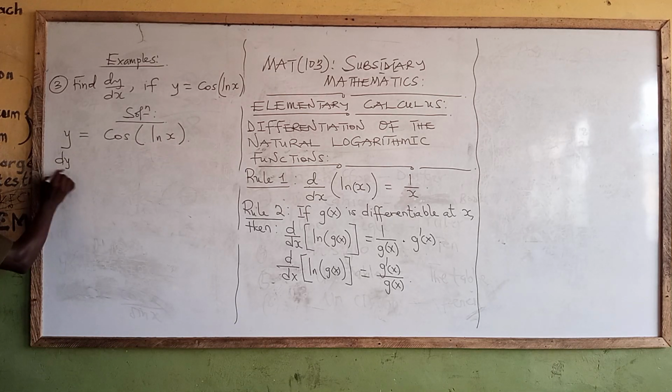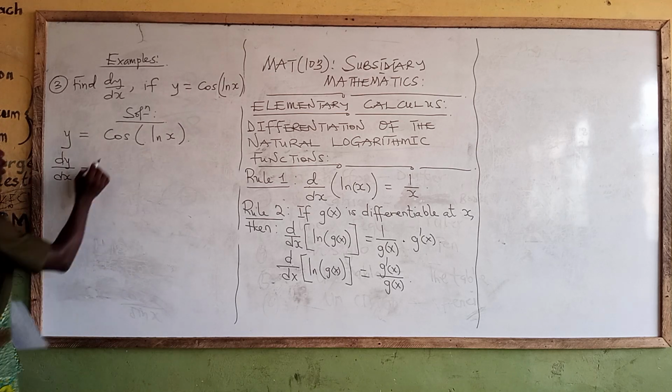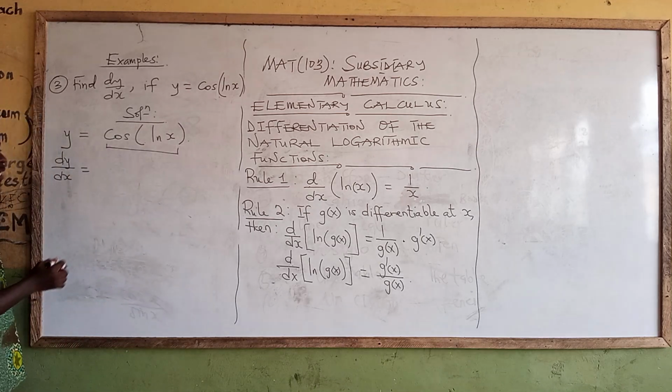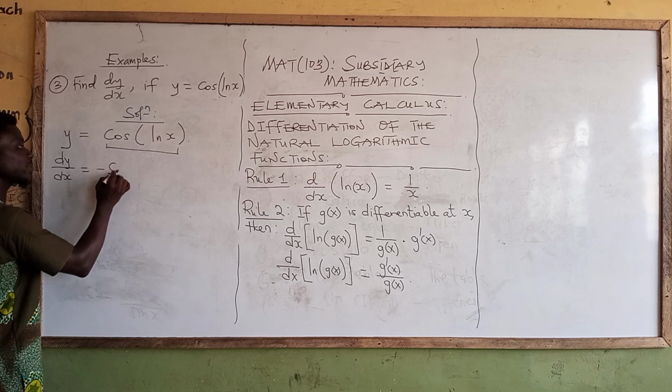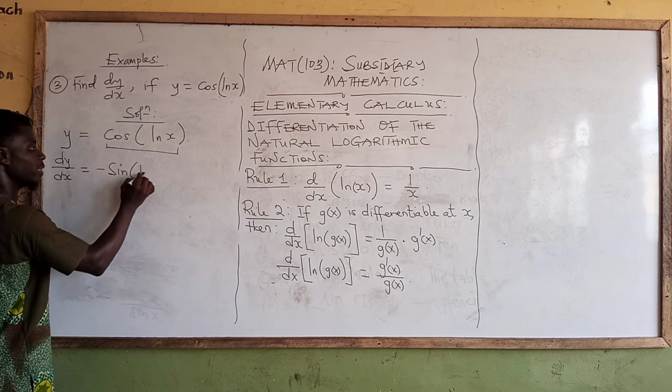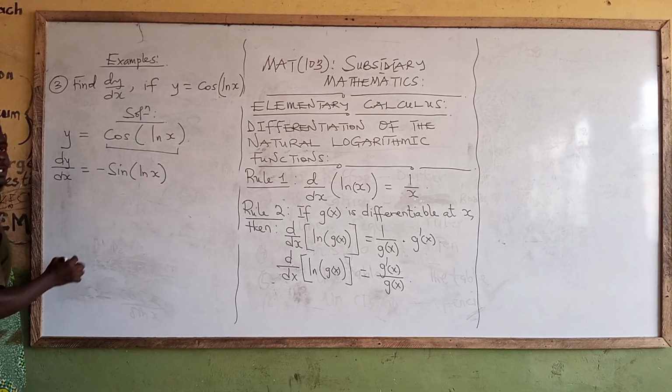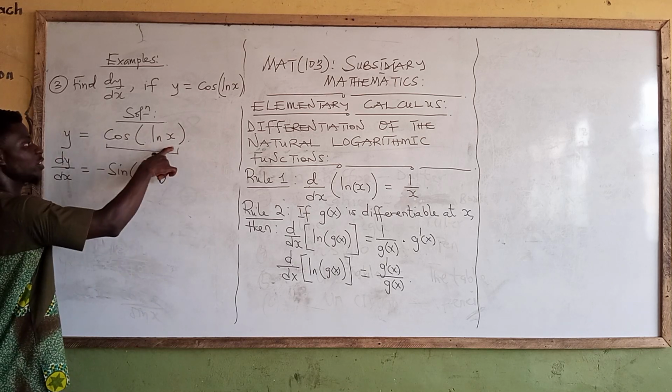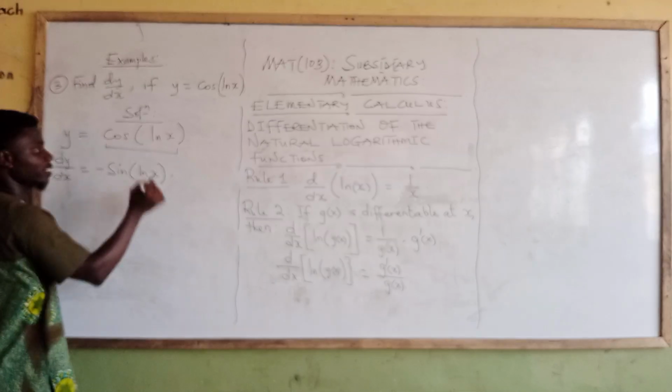So I have dy over dx, which must be equal to, now, if we differentiate cos of ln x, we get what? Minus sine of ln x times differentiate the function inside, which is ln x.